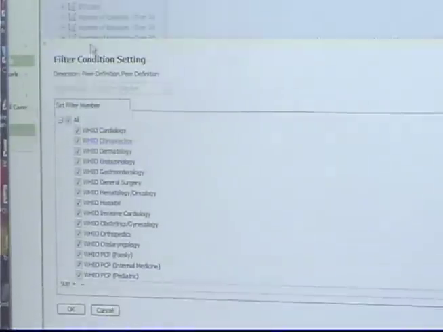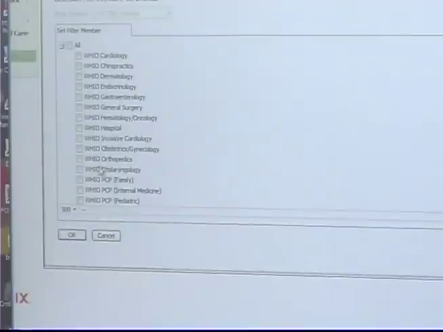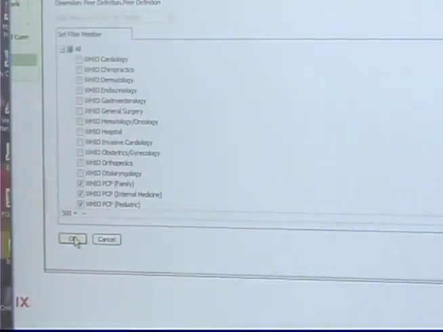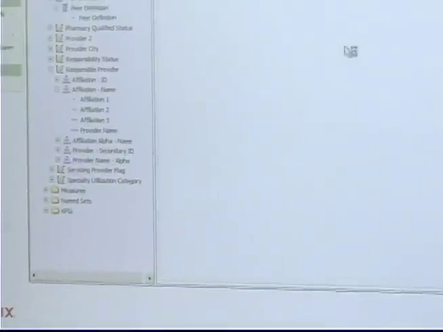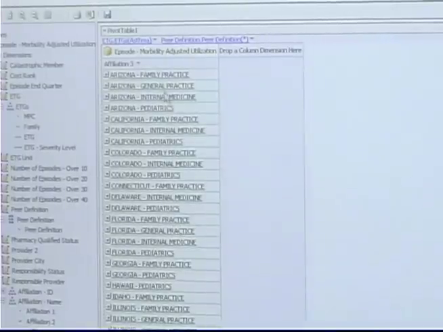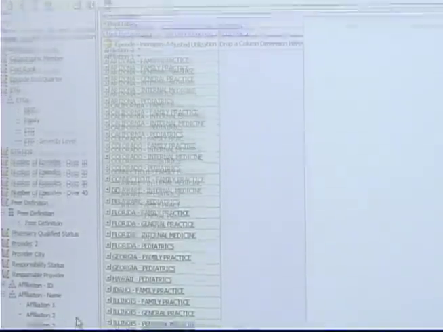We're going to limit it to primary care physicians. And so we have family practice, internal medicine, and pediatricians. And there we go.